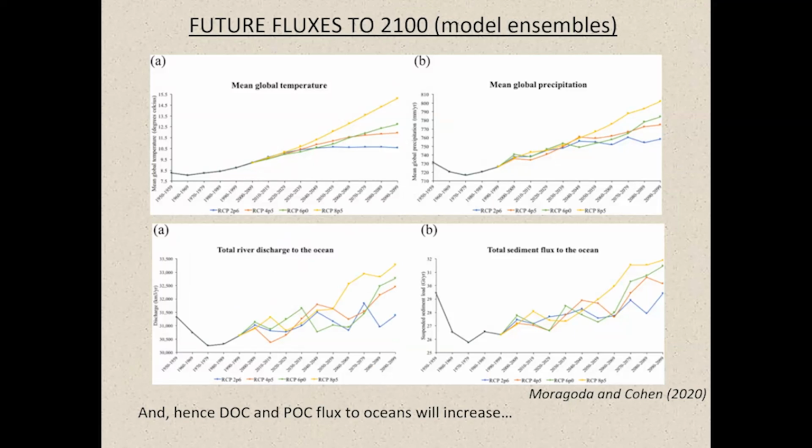Then as you look into the future, all the models are suggesting, this is just one example, that global temperatures going up will mean global precipitation and catchments will go up, which means river discharges to oceans and total sediment fluxes are likely to be on the rise. And hence, fluxes of DOC and POC will increase, right?